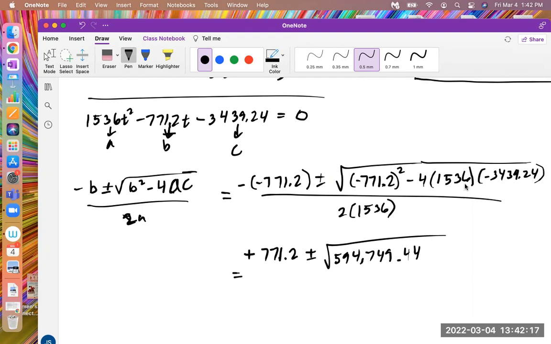4, and notice how I have 2 negative signs there, so I know that I'm going to be adding whatever this answer is.